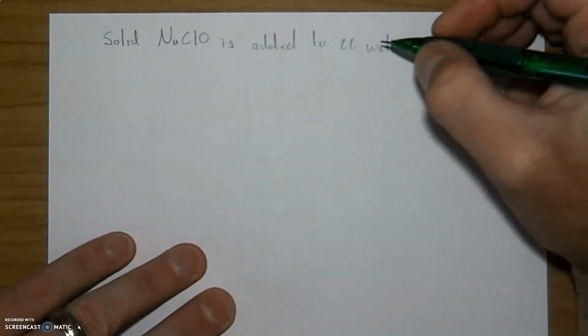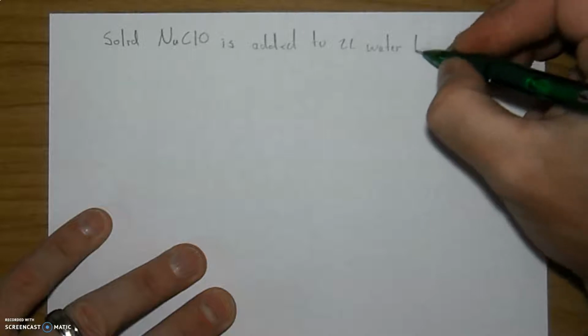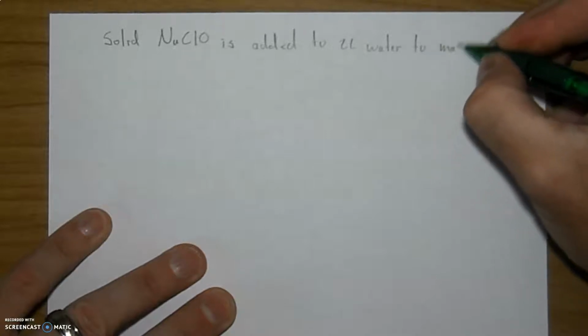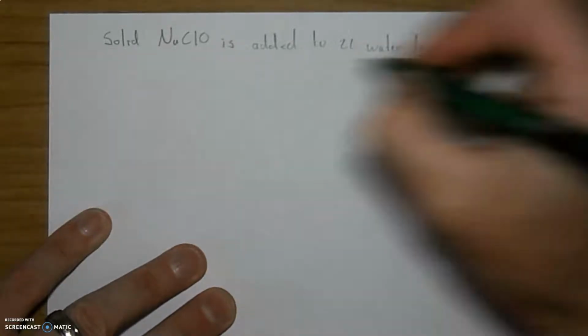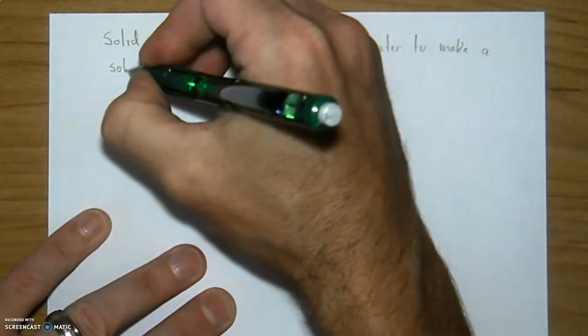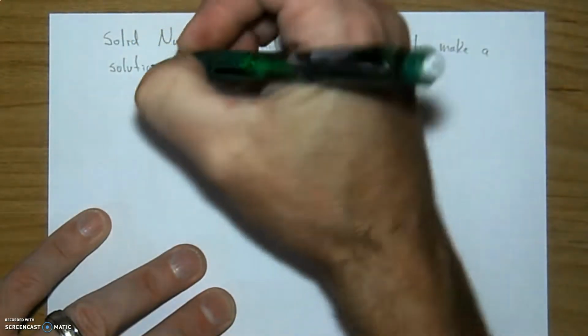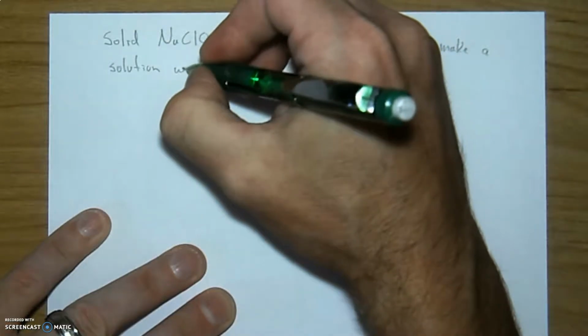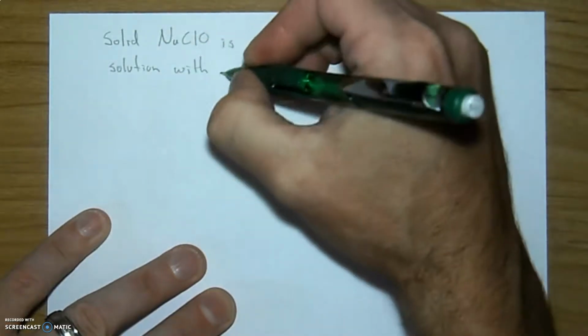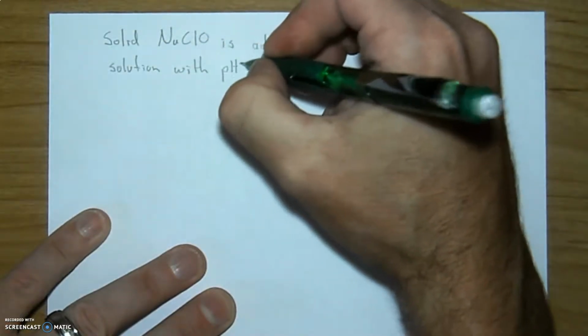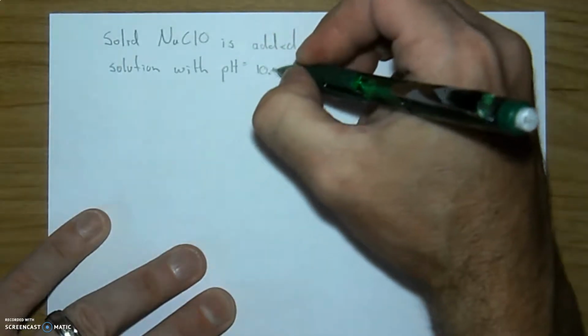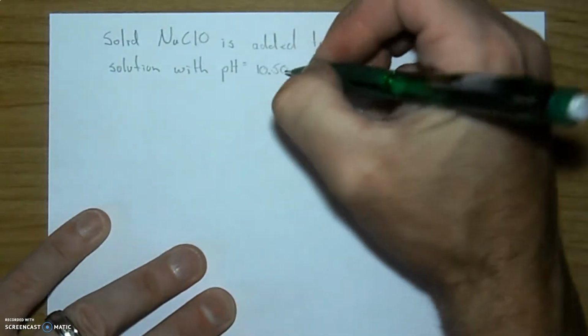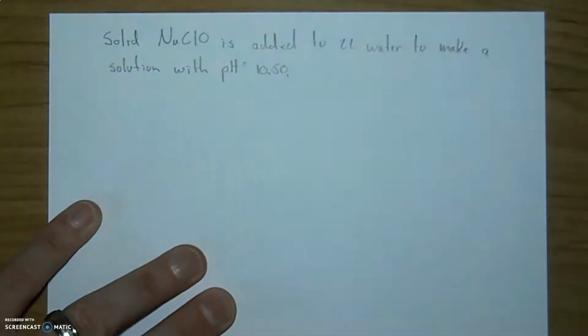We added some amount to water to make a solution with a pH equal to 10.5. So we've seen a couple examples. We can probably assume how it's going to fit into this problem.